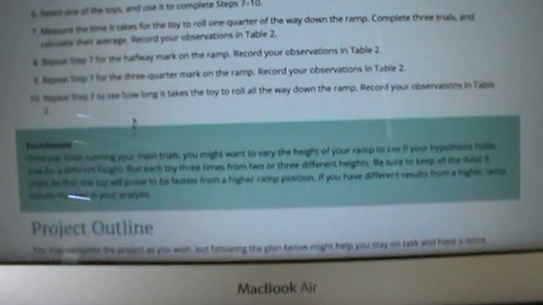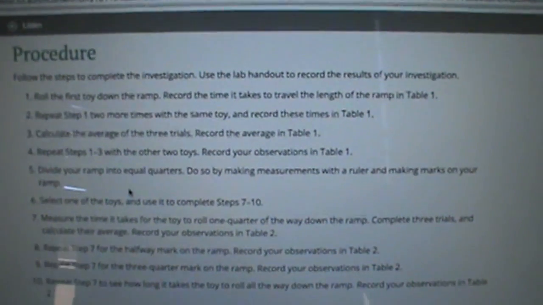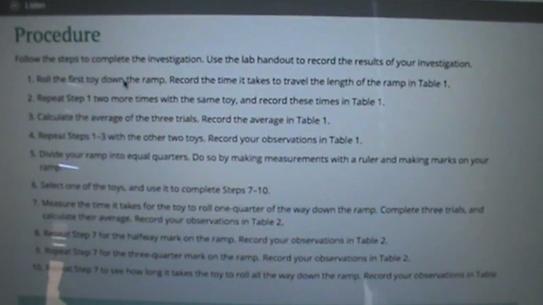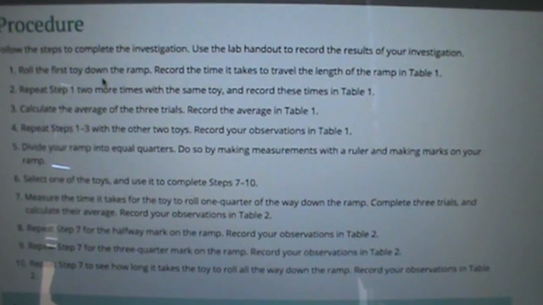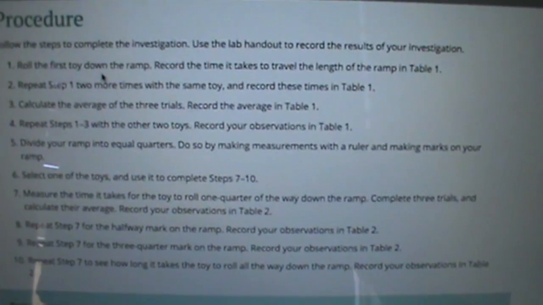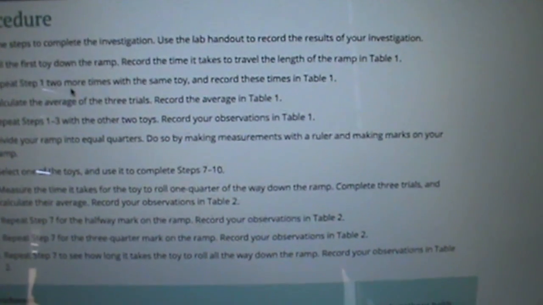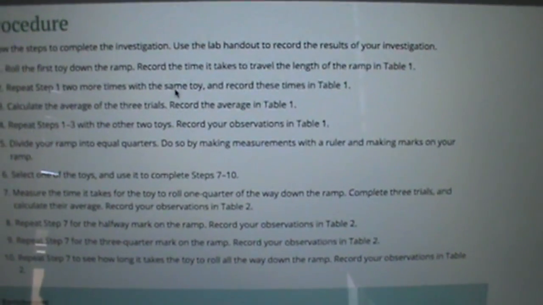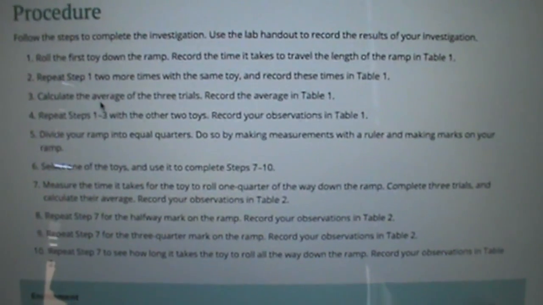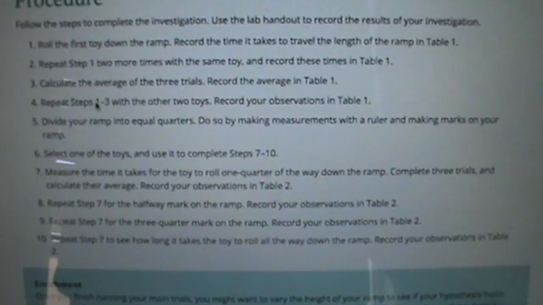Then your procedure. It says roll down the ball, the toy, the ball, or the car, whichever you choose, down the ramp, record the time. Repeat that step 2 more times with the same toy. So you're going to have 3 times, and then average it out. And then do the other 2 toys.